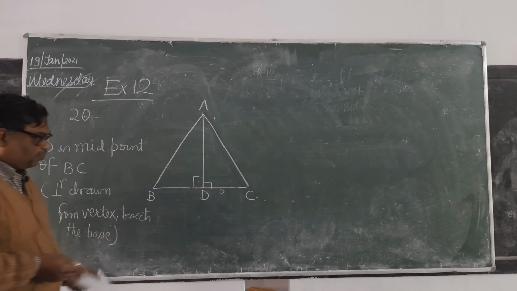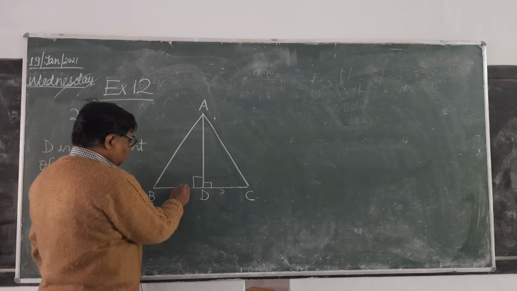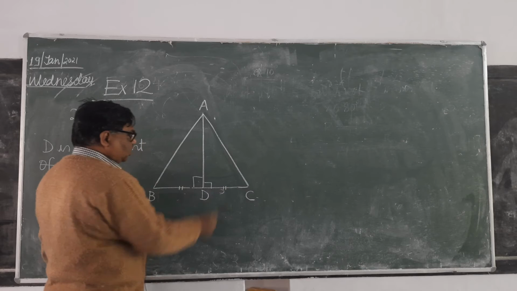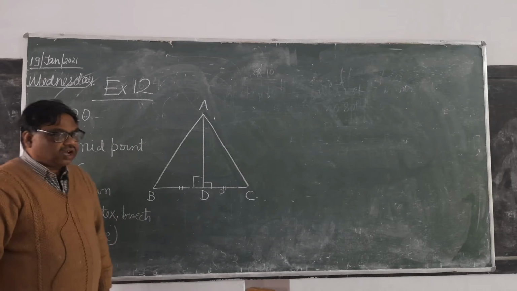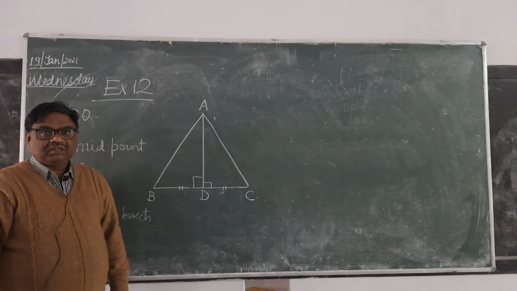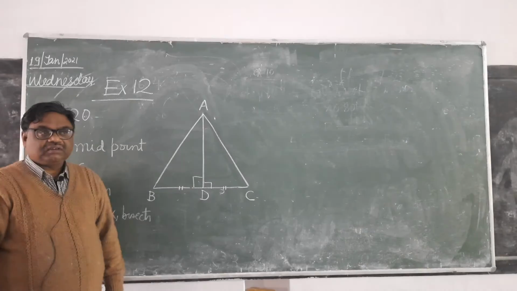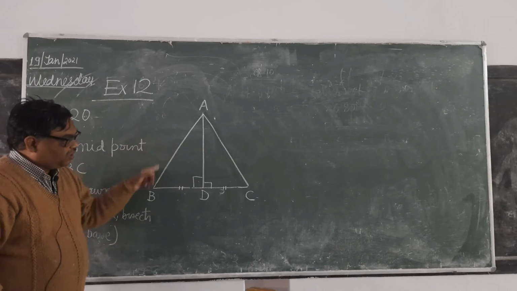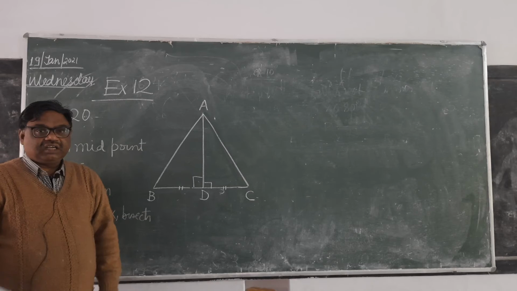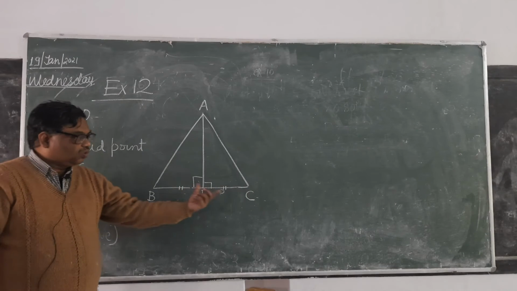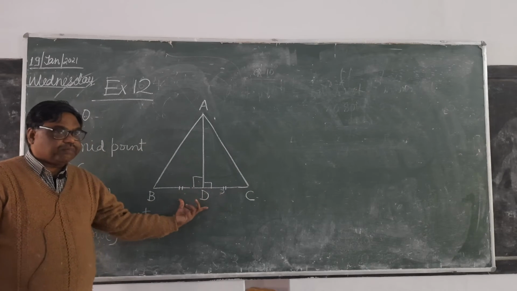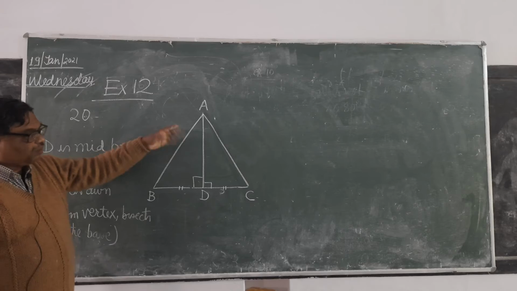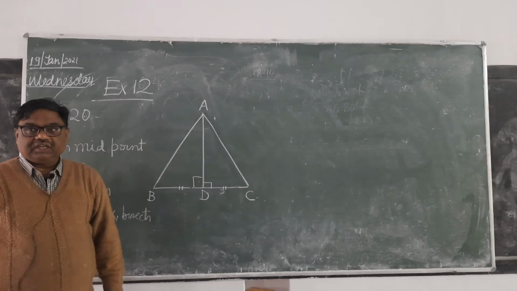So D will be the midpoint of BC, meaning BD and CD will be equal, and they will also be half of AB. Why? Because BC, AB, AC, all three are equal. So BD equals CD equals BC upon 2 equals AB upon 2 equals AC upon 2.